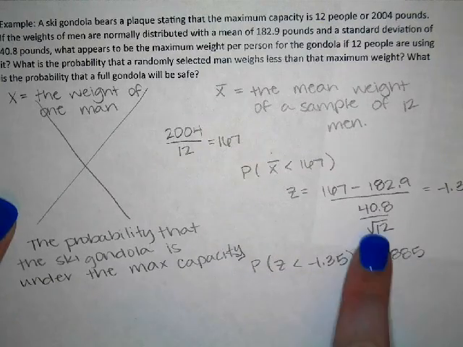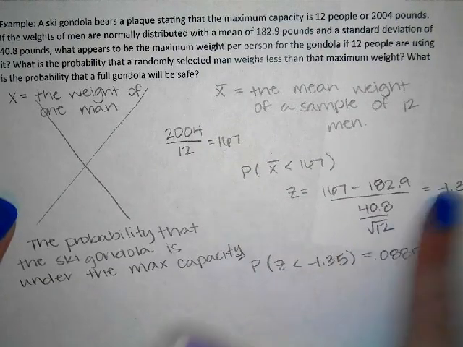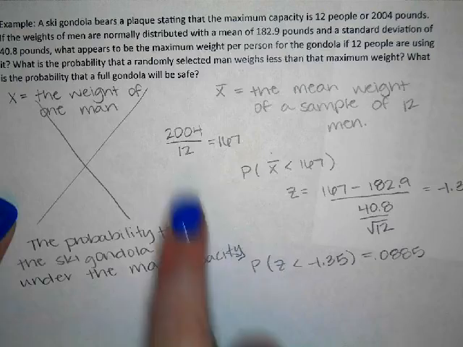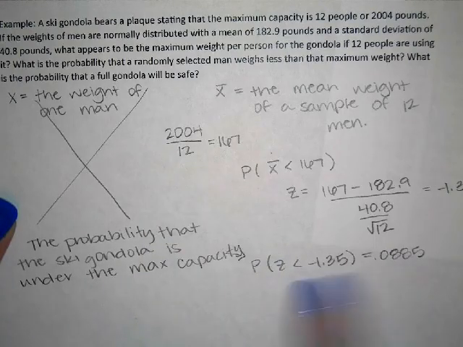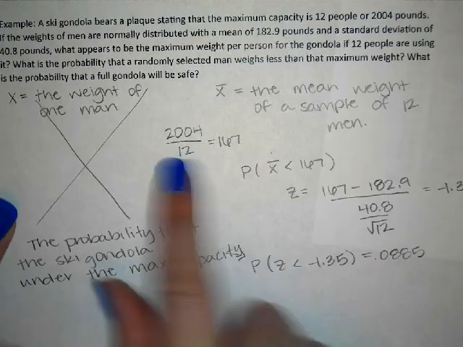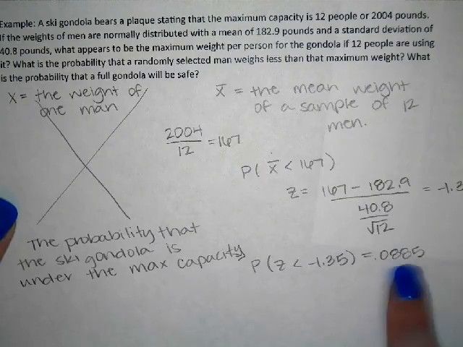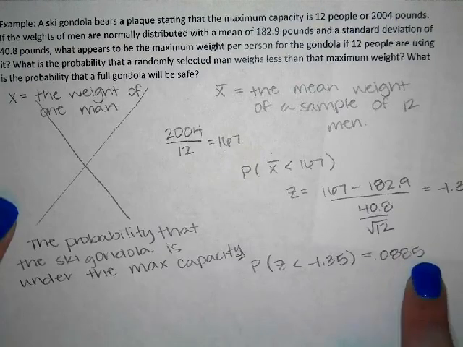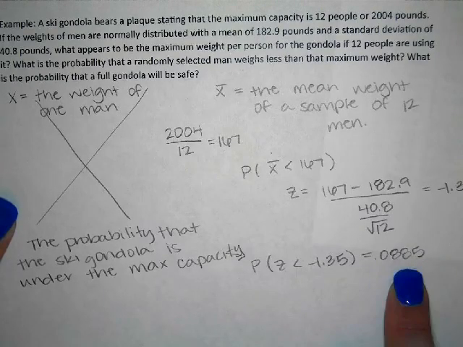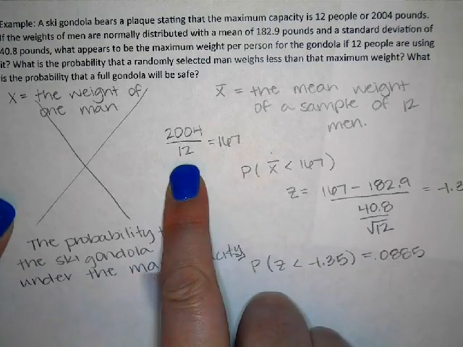Try it with 9, try it with 8, and your goal is to get a probability that's as close to 1 as possible. You want it to be 100% safe, or 0.999. You want it to be really, really safe. So this right here, though, has a very low probability of being safe. Definitely you should not have 12 people on that ski gondola at a time.